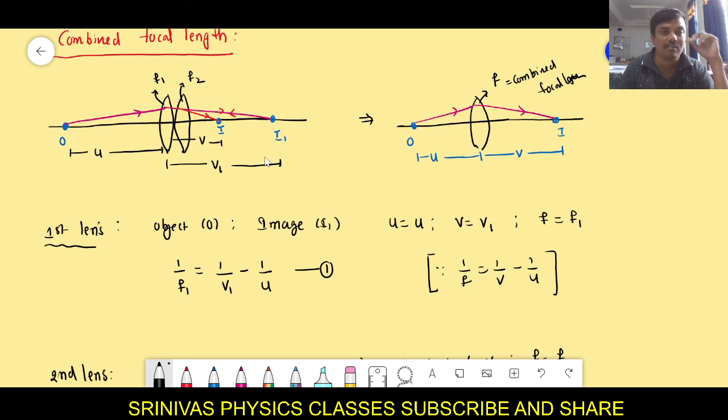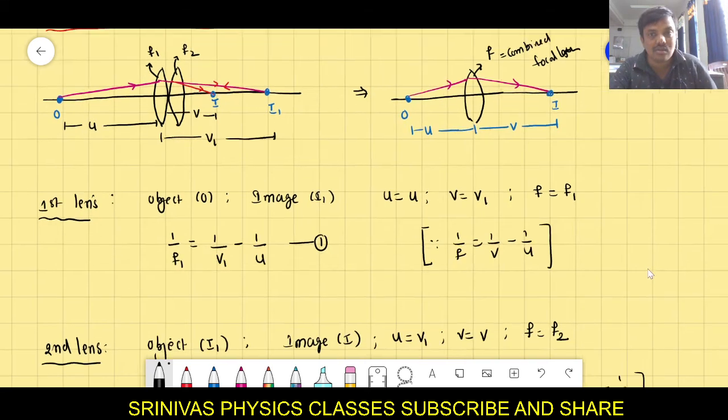Right, for our eyes I1 never appears, only I appears. Okay, final image only appears. Then I is the final image. Then for this what we can write the equation. If you want to write the thin lens formula for the combined lens, then what we write? 1 by f is equal to 1 by v minus 1 by u we write. Is it correct? Yes or no?